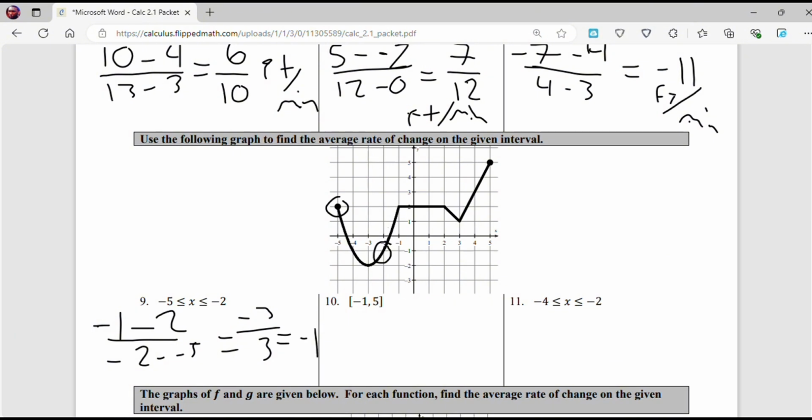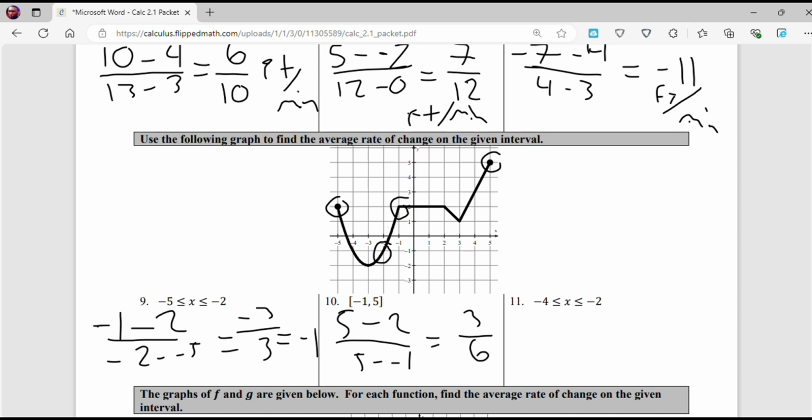Okay, f of 5 is 5. Negative 1 is 2. And then 5 minus negative 1. 3 over, and then that's 5 minus negative 1. 5 plus 1 is 6. You can reduce that.